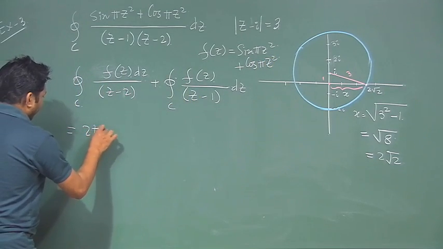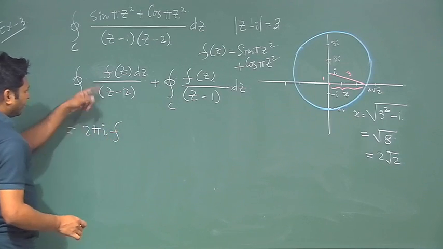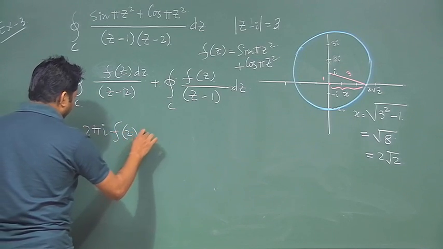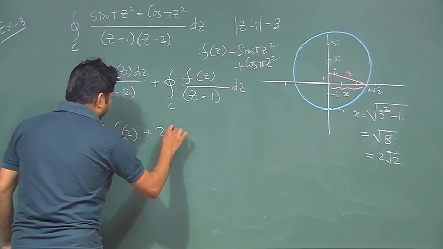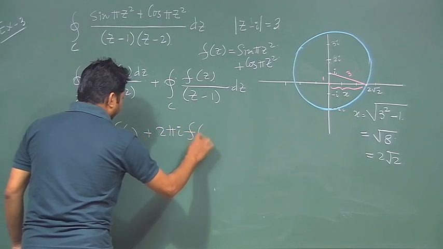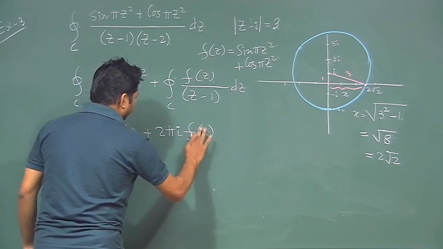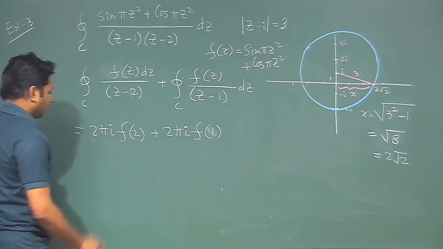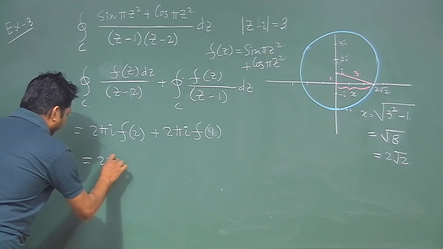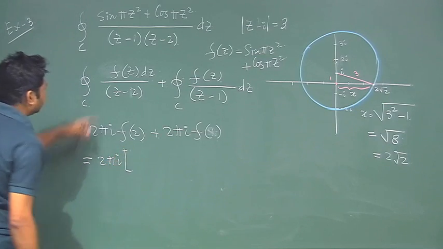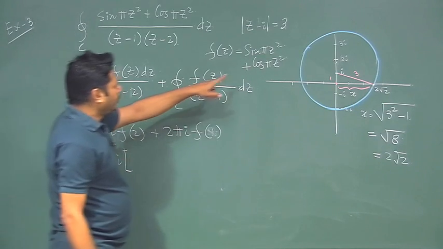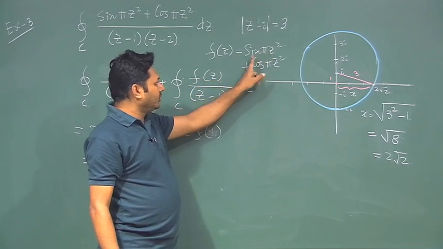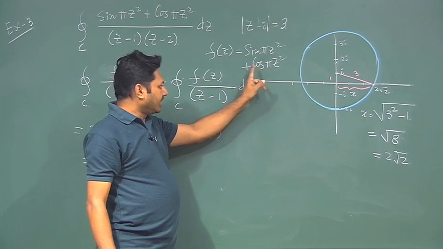So, 2 pi i f(z) evaluated at 2 plus 2 pi i f(z) evaluated at point 1. So, this is 2 pi i. If I take common, what will be my first term? If I put z equal to 2, it will be sin 4 pi plus cos 4 pi.